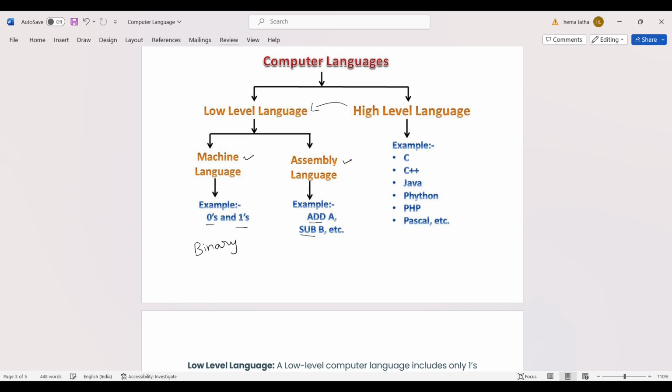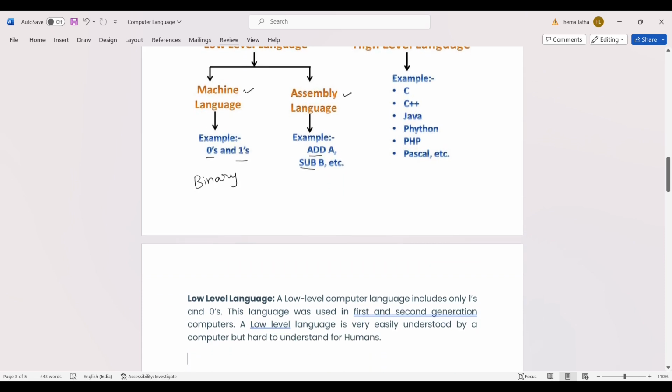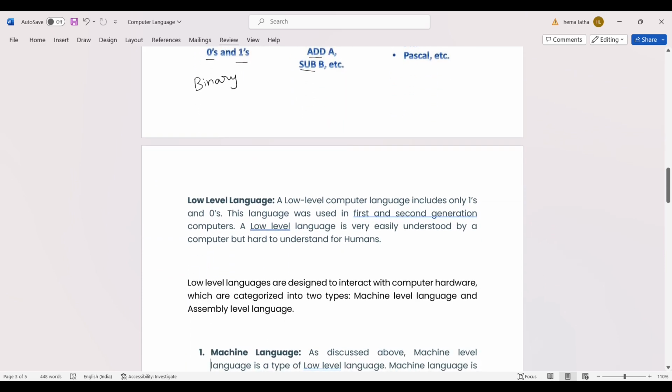Let us see one by one in detail. The first one is low level language. Already I said, it is only zeros and ones, that is binary digits, and in the first and second generation they used only the low level language. It is easily understandable by the computer, but for human beings it is very hard.